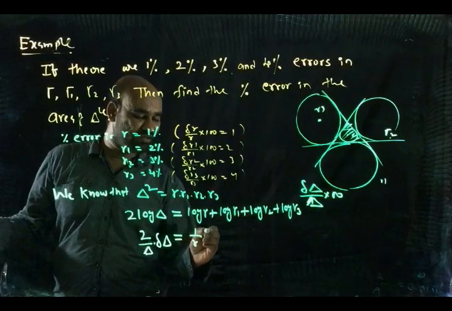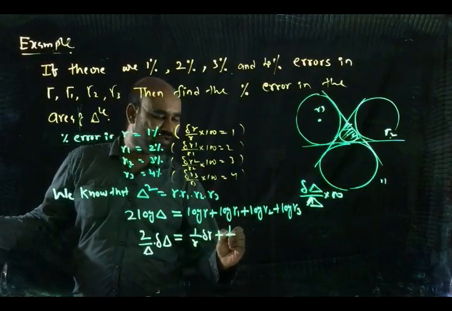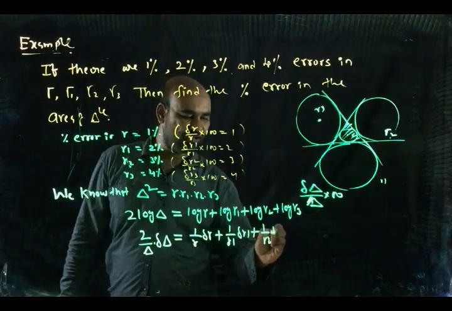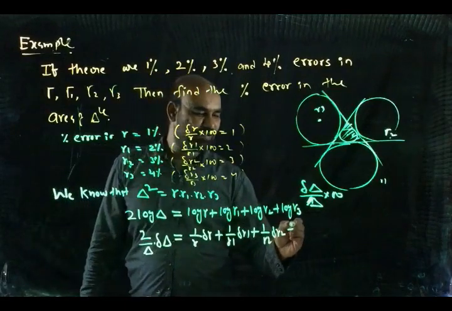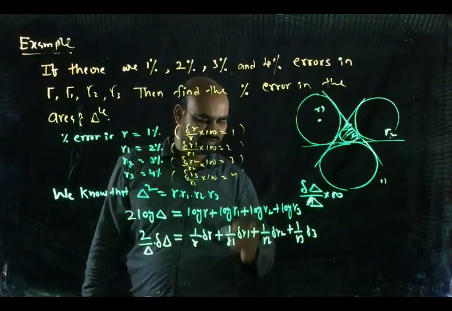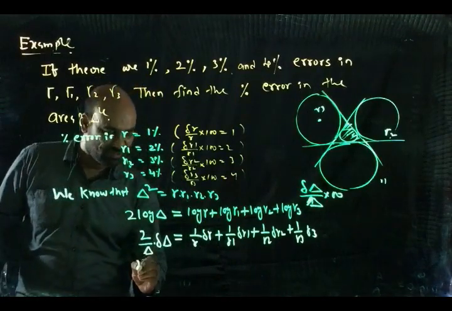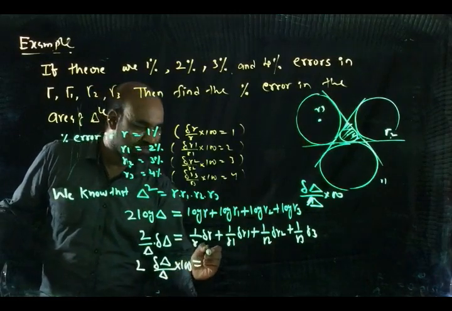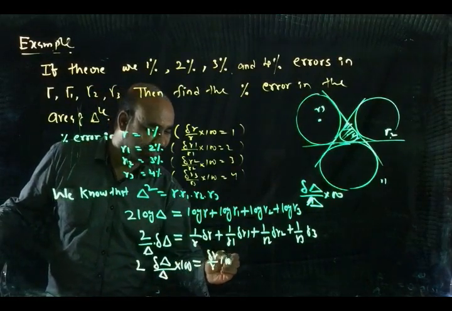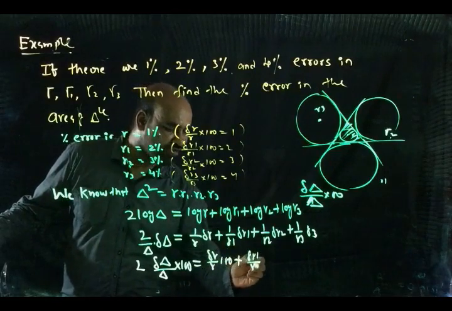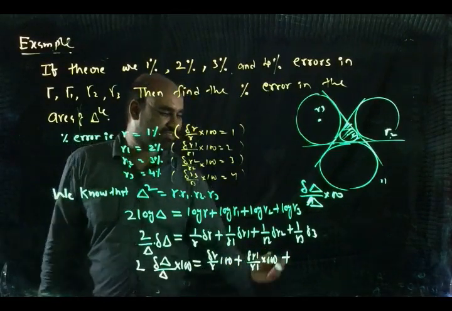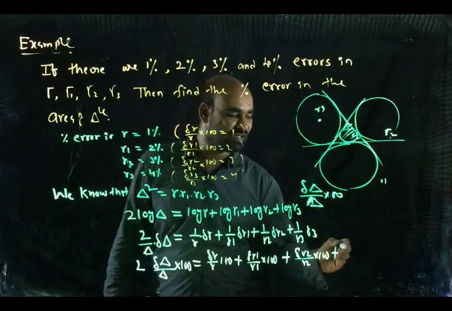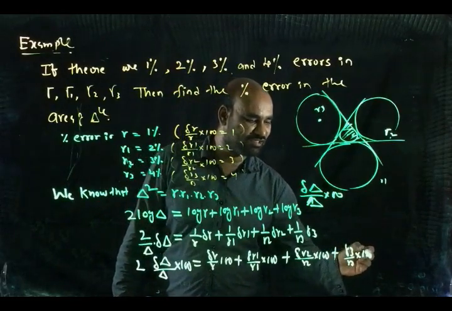So here, 1 by r into delta r plus 1 by r1 into delta r1 plus 1 by r2 into delta r2 plus 1 by r3 into delta r3. But you want hundreds. 2 into delta by delta into 100 equal to delta r by r into 100 plus delta r1 by r1 into 100 plus delta r2 by r2 into 100 plus delta r3 by r3 into 100.